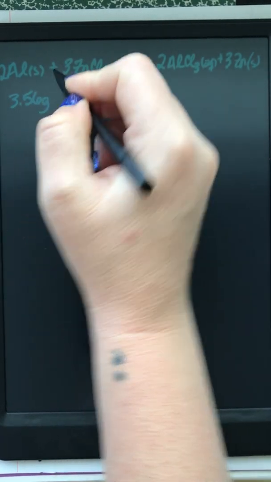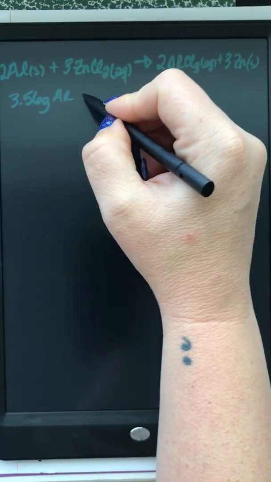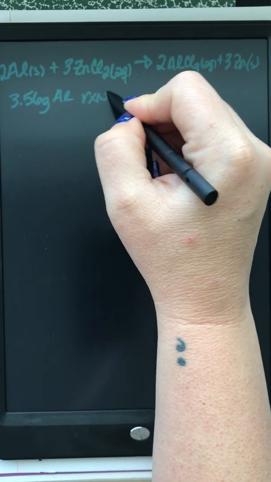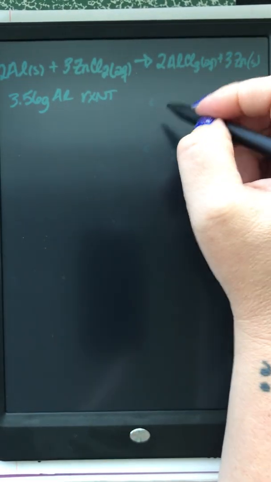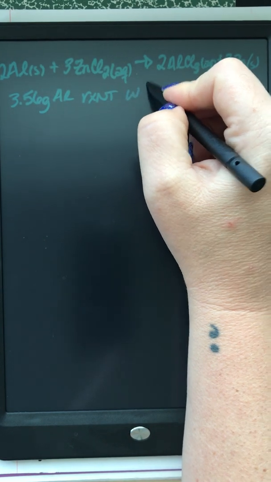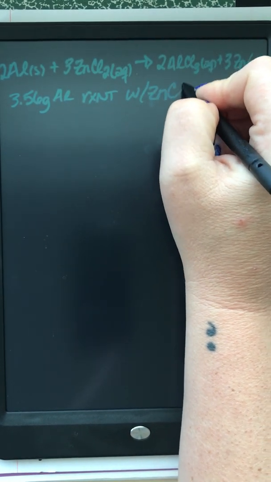3.5 grams of aluminum reacting with zinc chloride.